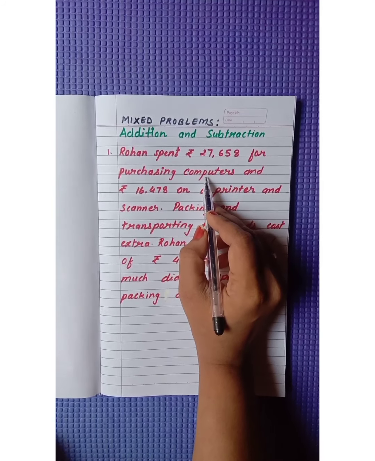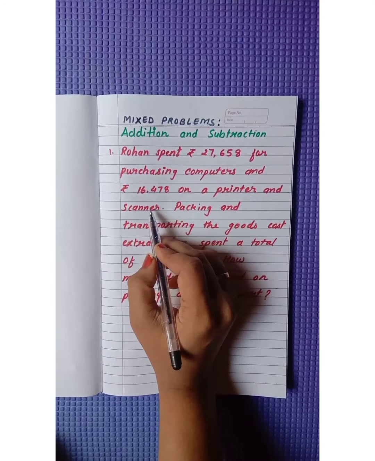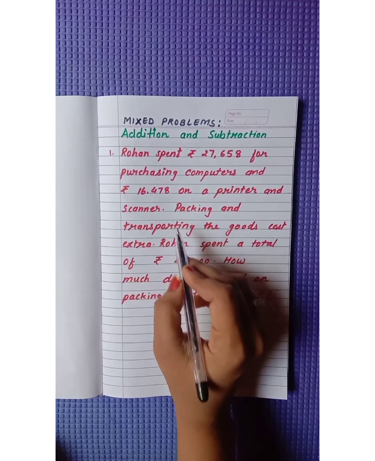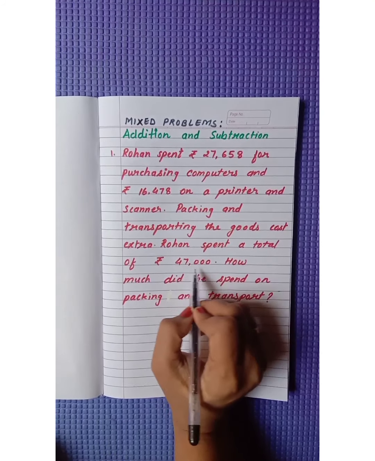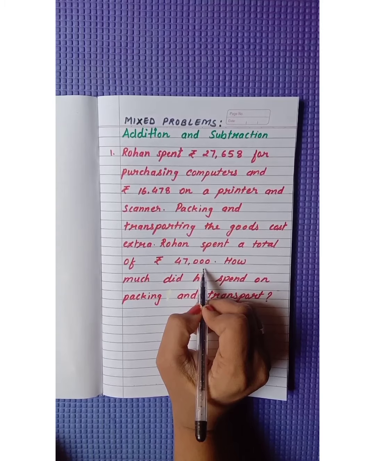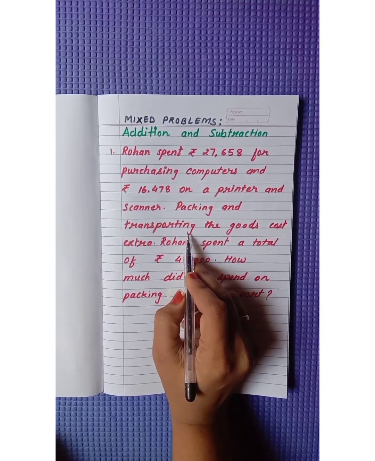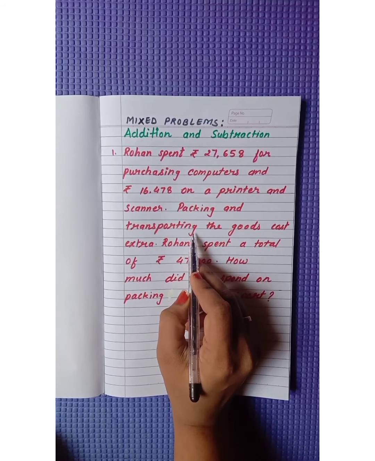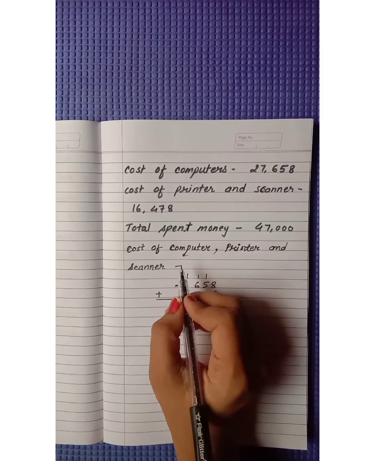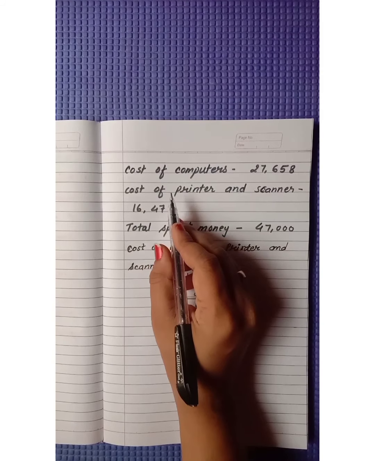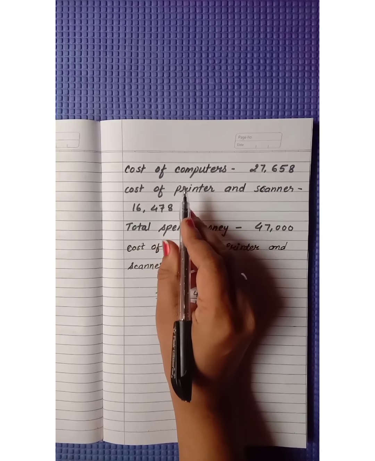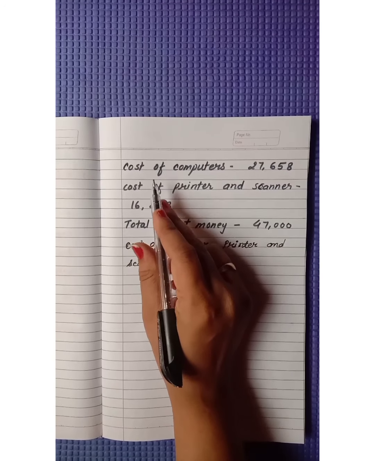That means he bought the computer of this much and scanner and printer of this much, and he spent 47,000 altogether. So we have to find out here the packing and transporting cost. Let's see how we do it. So students, we will see the statement which is given in the sum.